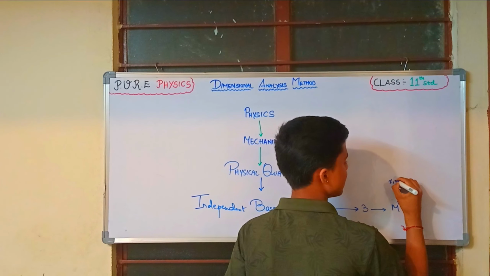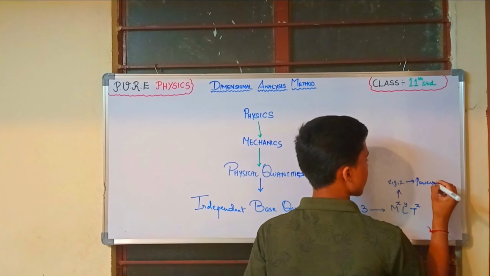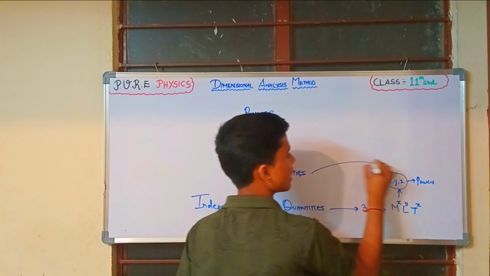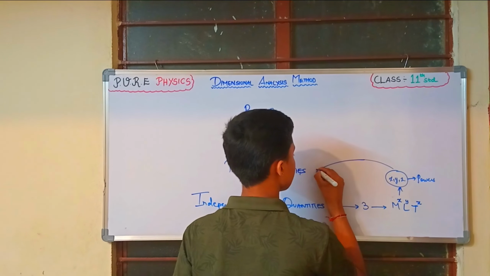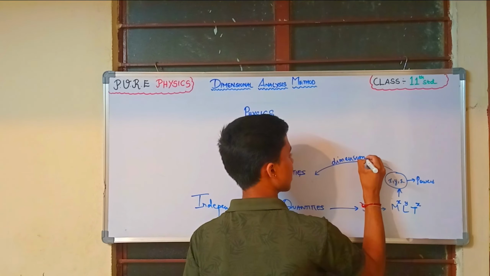So x, y, z are the powers. These powers represent the dimensions of the physical quantity.